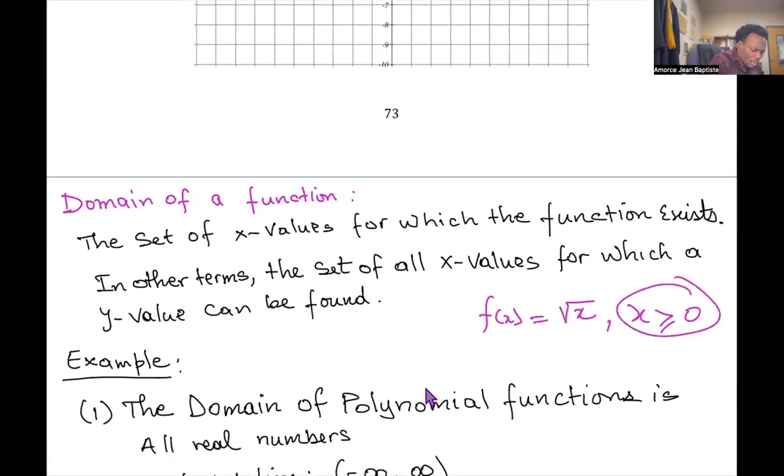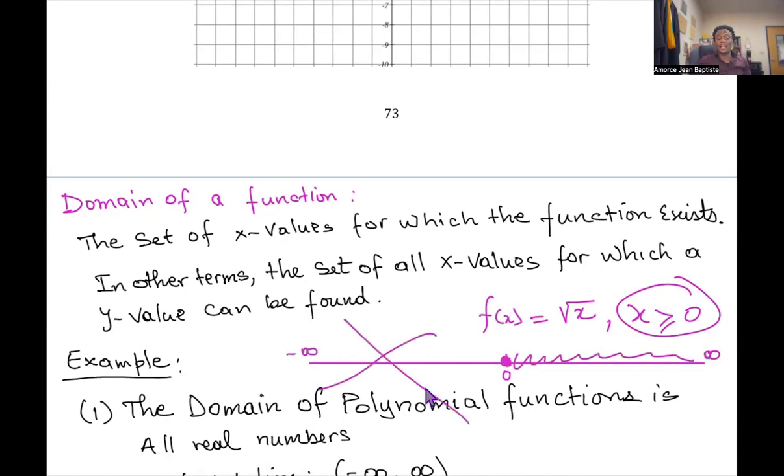But x greater than 0, if you take the number line, that's 0, negative infinity, positive infinity. Greater than 0 would be from 0, including 0, to everything on the right of 0. So that means any x on this part of the real number line will not have a y value.